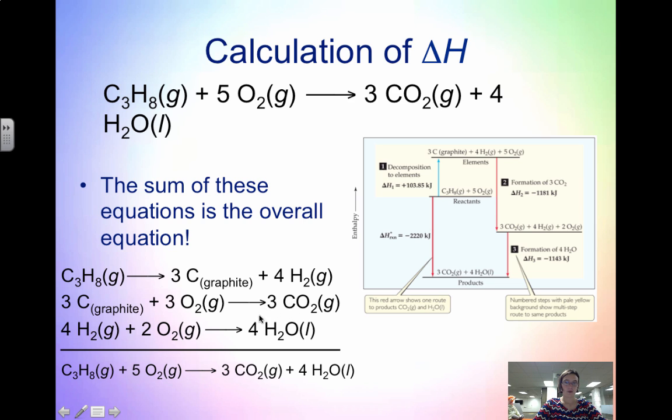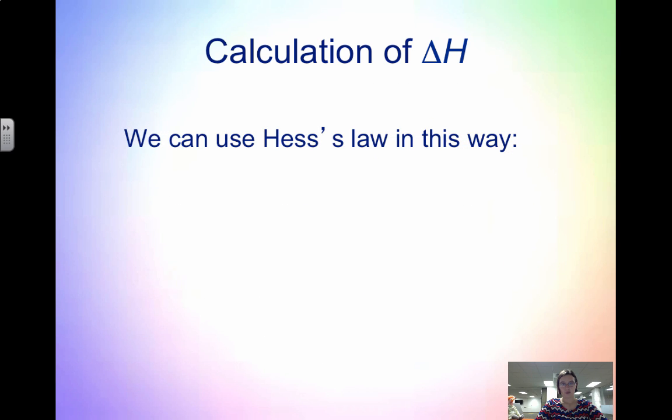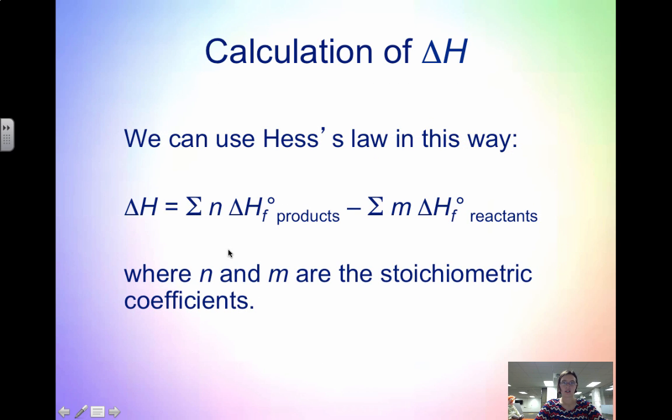Well, here we have 3 moles and here we have 4 moles. So remember, if this was delta H and it's supposed to just be 1 mole, we multiplied it by 3. Same with the H2O, it should be 1 mole, we multiplied it by 4. We still take that into account when we're looking at the heat of formation, because we can use Hess's law in this way.